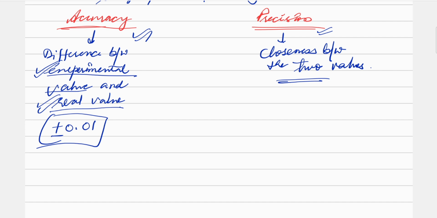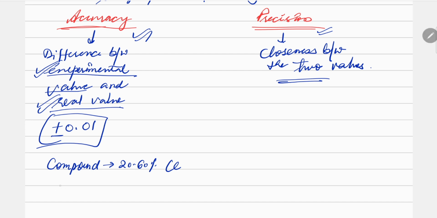Let's take one example for each of them. Suppose there is an experiment, and in that experiment we got a compound that has around 20.60% chlorine in it. This is the real value which it already has.